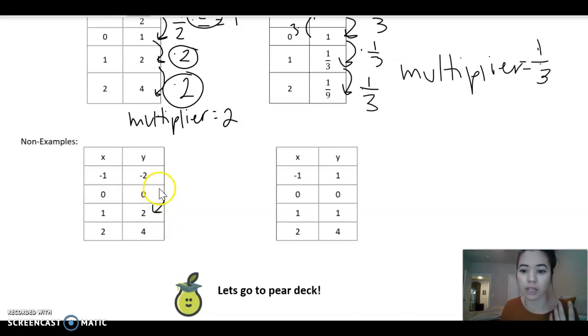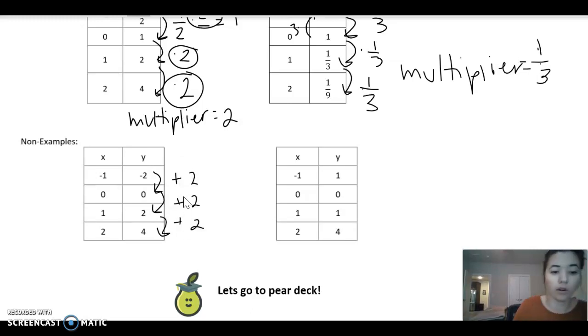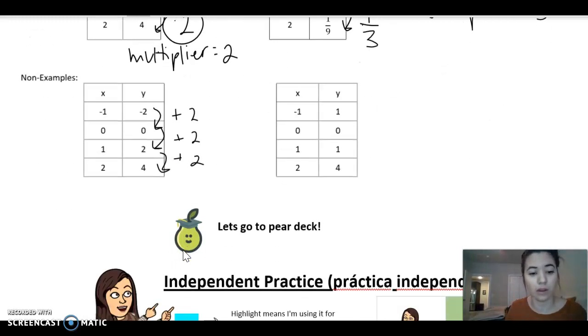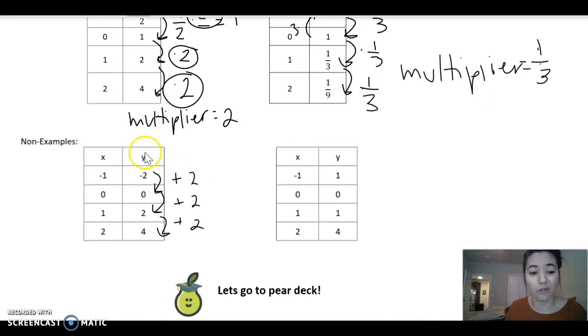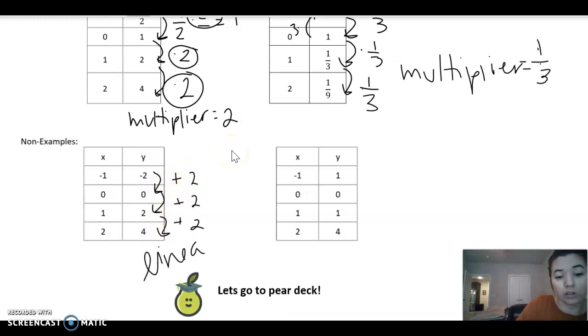Nothing. 0 times anything is 0. So right away, that can't have a constant multiplier. But what I do notice is that every time we're going down, we're adding 2. So if you notice a pattern of adding, or even if it was subtracting, even if it was like subtracting 2, this would be a linear function. So if we see the addition or subtraction taking place, linear.